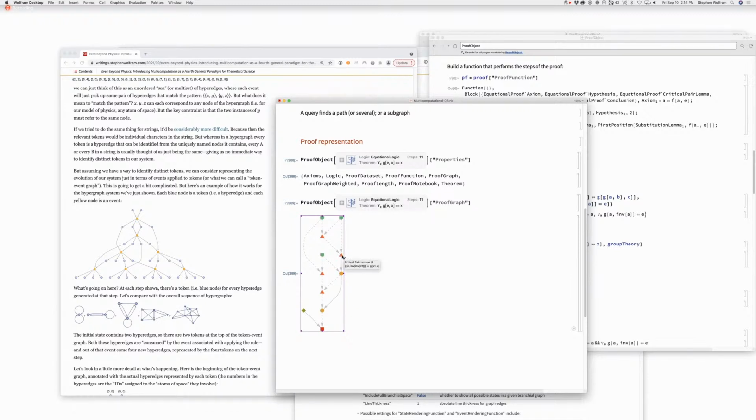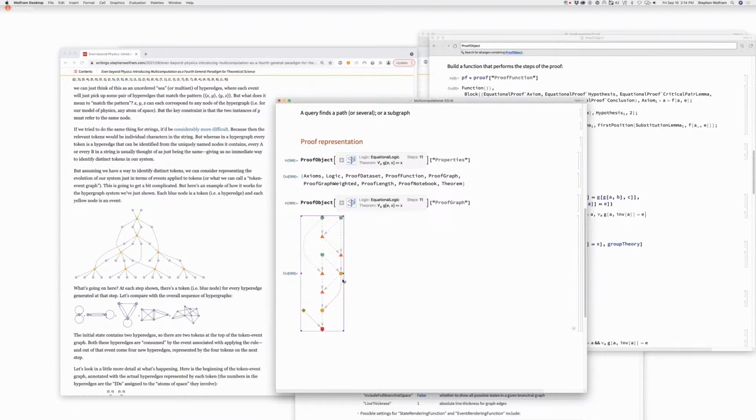Each of those are axioms. Two axioms. I guess we're not showing the laws of inference here, right? Two axioms derive that lemma. And in this case, that lemma derived this other lemma.